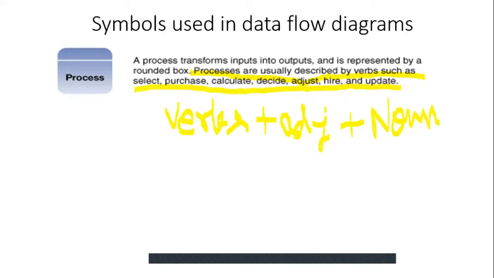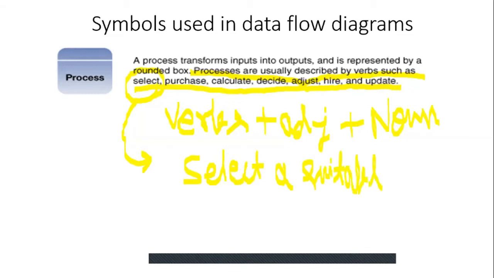For example, if we want to describe a process of select, then in an accurate form, it should be described like select a suitable book. So this process is described by a verb, an adjective, and a noun.